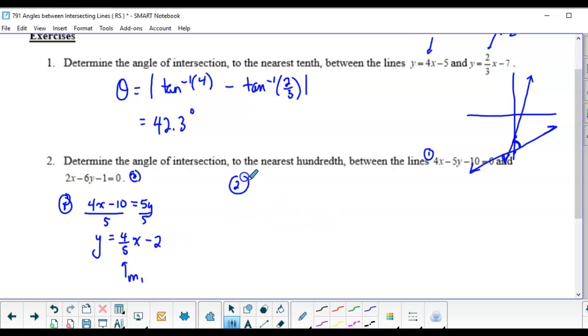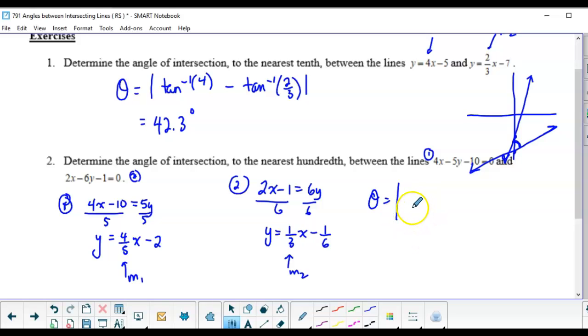Then my second equation is, I'm going to bring the 6y to the right to make it positive. So 2x minus 1 equals 6y. And divide by 6. So I get y equals, 6 reduces to 1/3. Okay, so that's my slope 2. So now my theta is I'll go inverse tan of 4/5 minus inverse tan of 1/3.